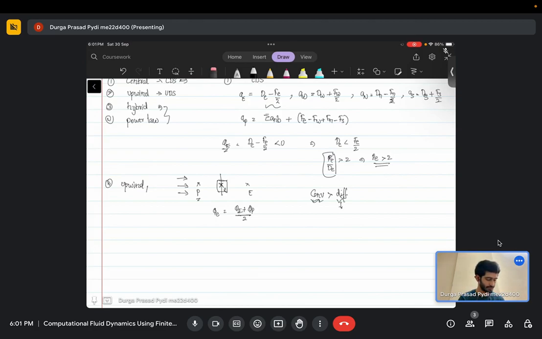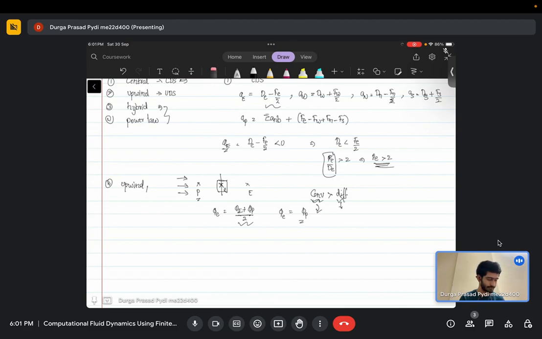In the central differencing scheme, we are just assuming it is diffusion dominant, and in the upwind scheme what we say is that for phi e, the information cannot come from the next cell. If the flow is in the positive x direction, the information for the face comes only from phi P and not from phi east. This happens only when convection is significantly more dominant than diffusion, which is exactly the case we are seeing here.